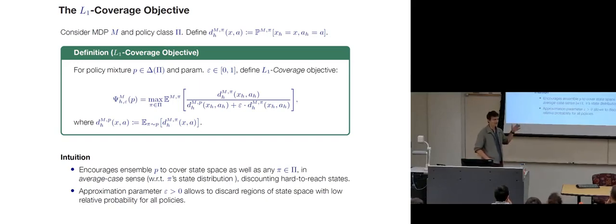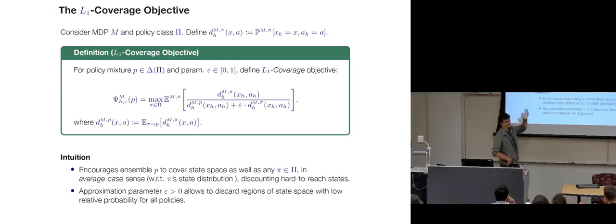We define something that we call the L1 coverage objective. If you have a policy mixture, P, which is just a collection of policies, and some approximation parameter epsilon, we define the L1 version of coverability in the following way.